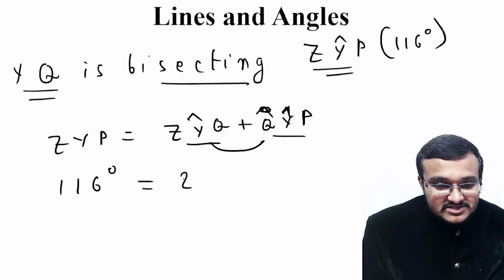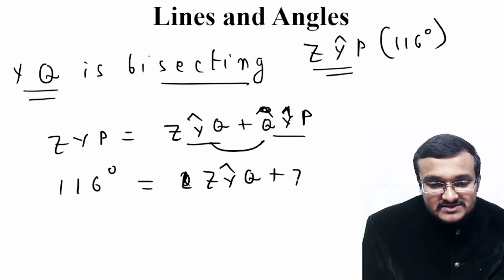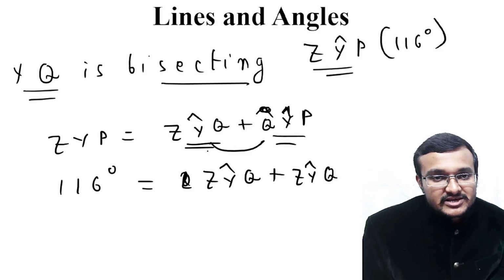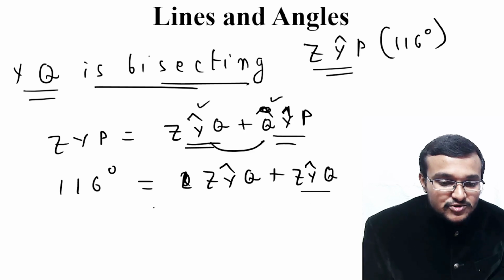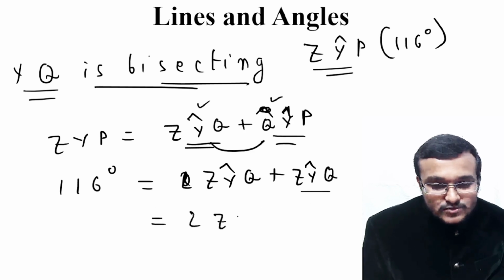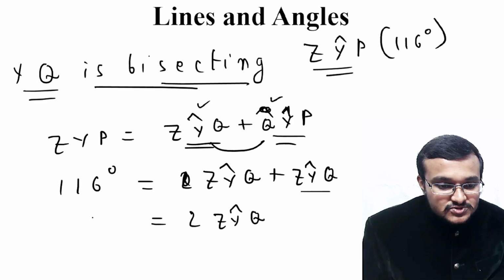So now I can straight away write ZYQ plus ZYQ, because QYP is equal to ZYQ. Since YQ is bisecting ZYP, these two angles should be equal. That's why in the place of QYP I am taking ZYQ only. So we are getting 2 ZYQ equal to 116 degrees.